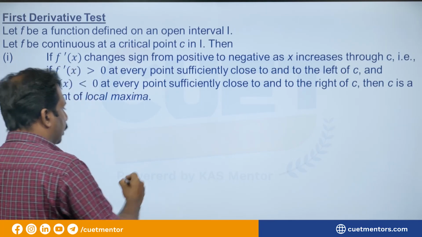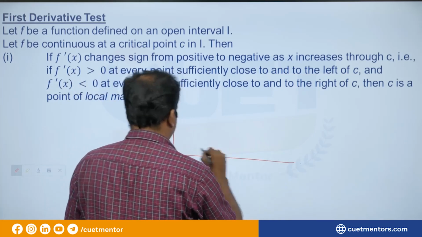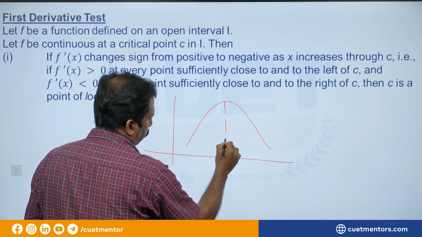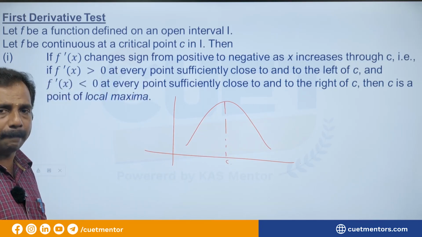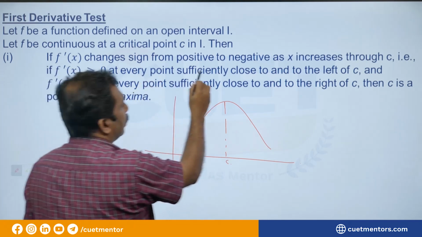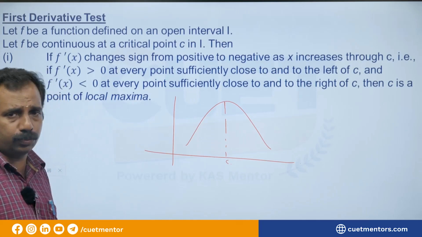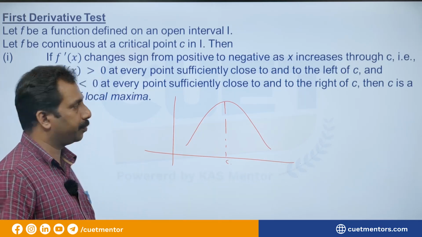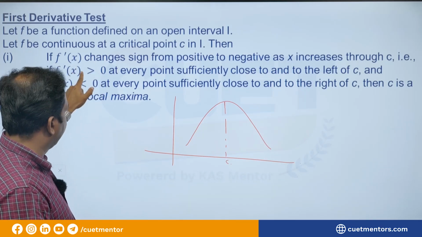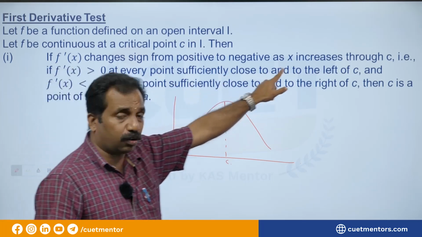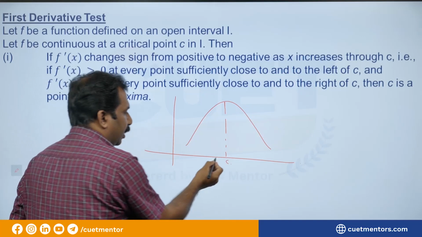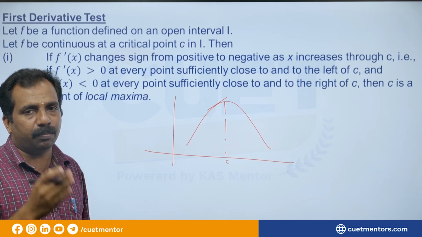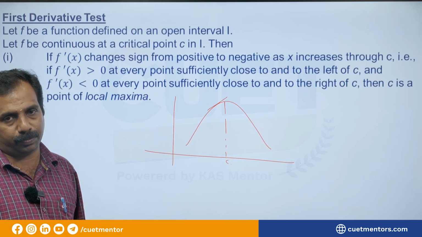Because if a function is going like this, suppose this is a function, and this is the point C. Here f dash x changes its sign from positive to negative as x increases through C. That is, f dash x is greater than 0 at every point sufficiently close to and to the left of C, because to the left of C the function is increasing. The slope of the tangent will be positive, that is, dy by dx should be positive.